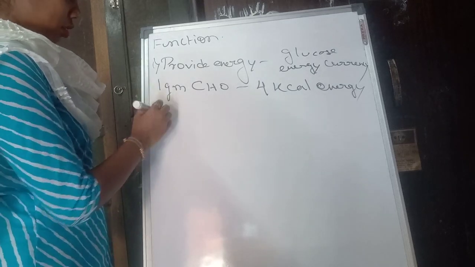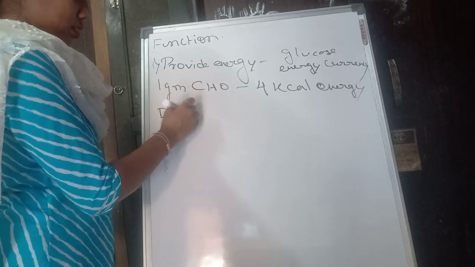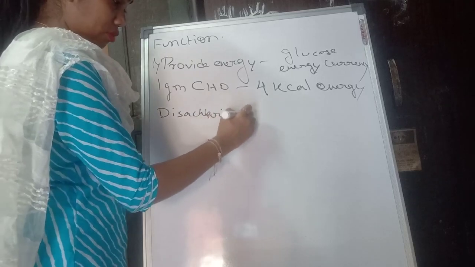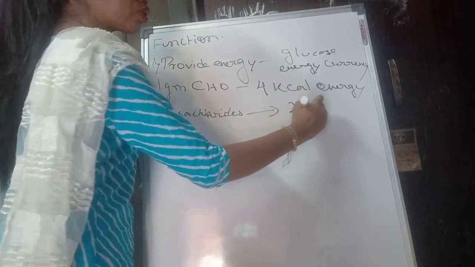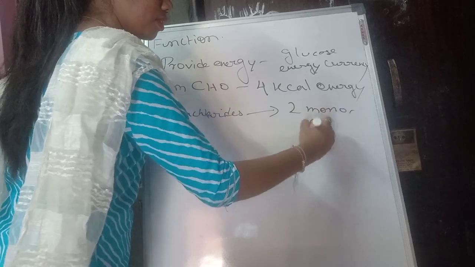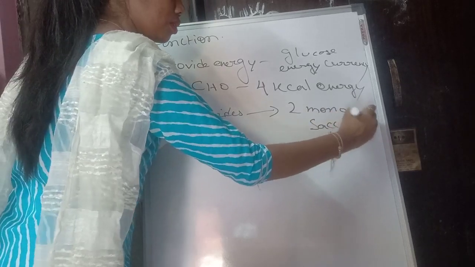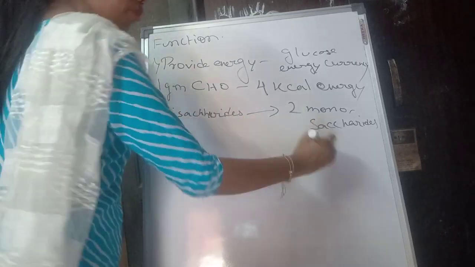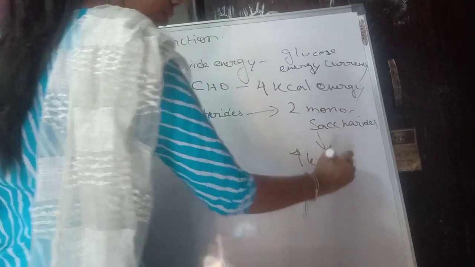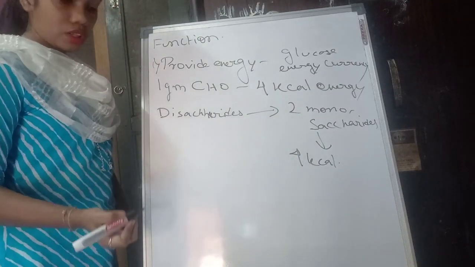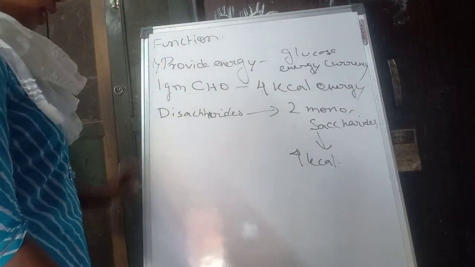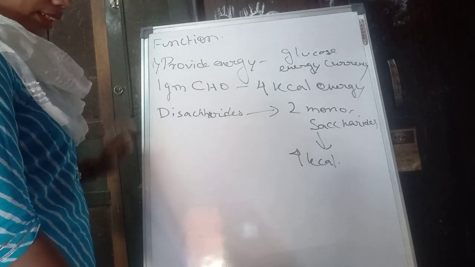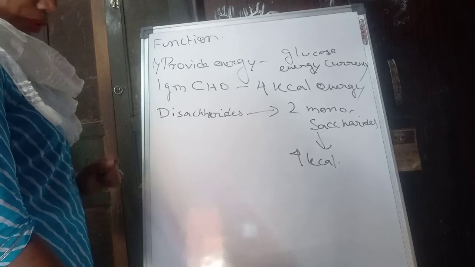Even disaccharides are broken into 2 monosaccharides, right? Each monosaccharide will provide 4 kcal energy. So this is how carbohydrates are performing as the energy currency in our body.